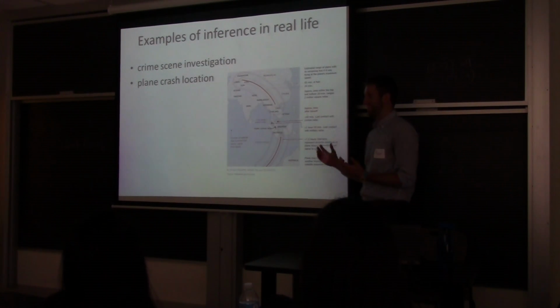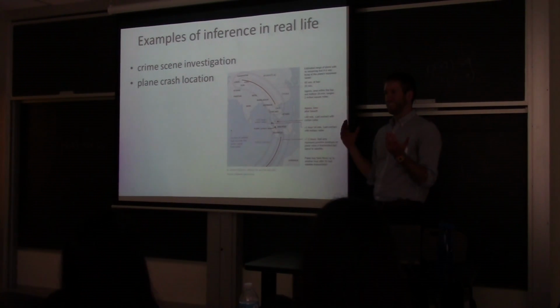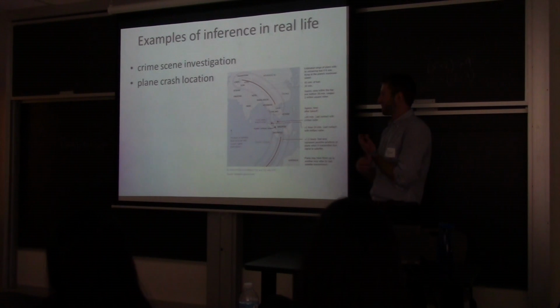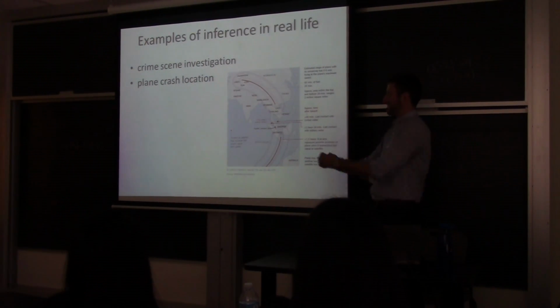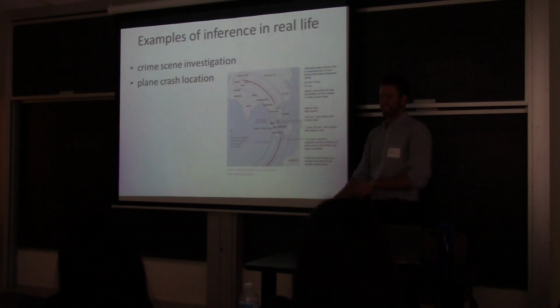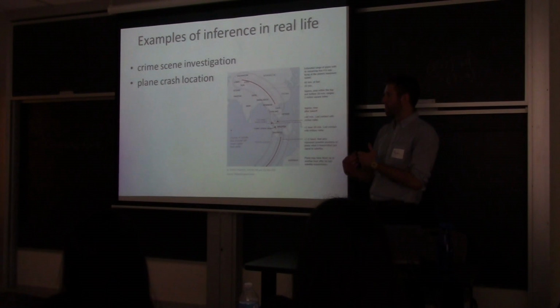Another example, which has been in the news a lot recently, is the Malaysian plane crash. Again, there's a signal from the black box here, there's a floaty thing in a satellite picture here, there's this thing that washed up on the beach, but not enough information. So we have incomplete observations, and we need to infer the location of the plane.